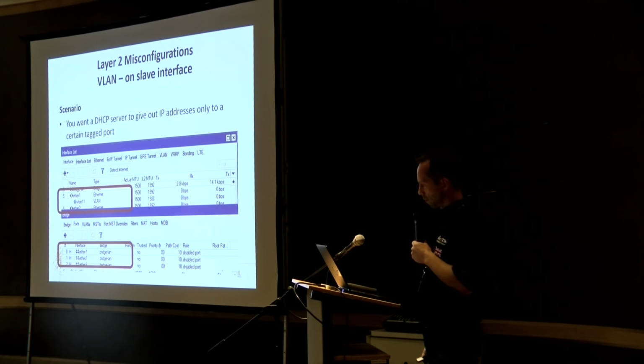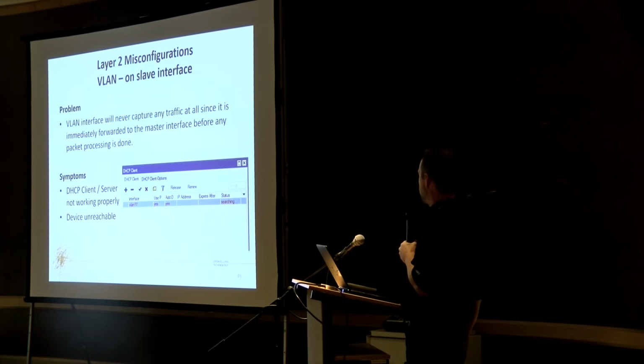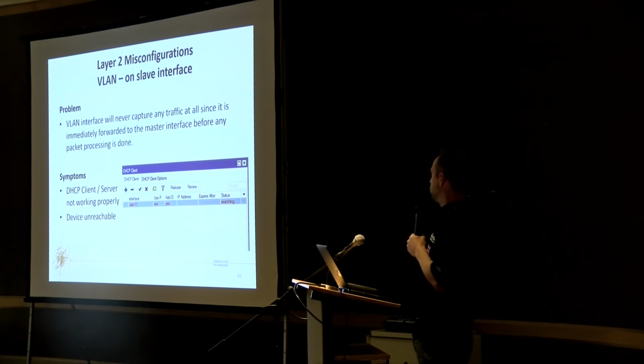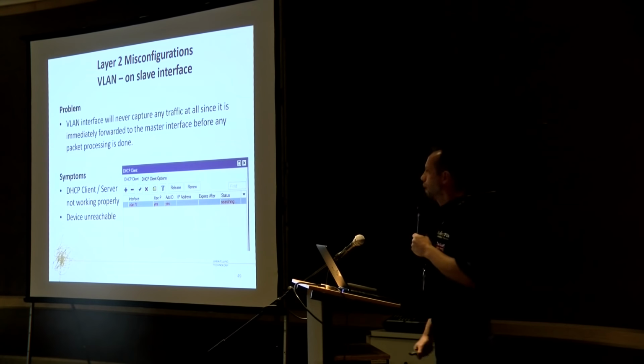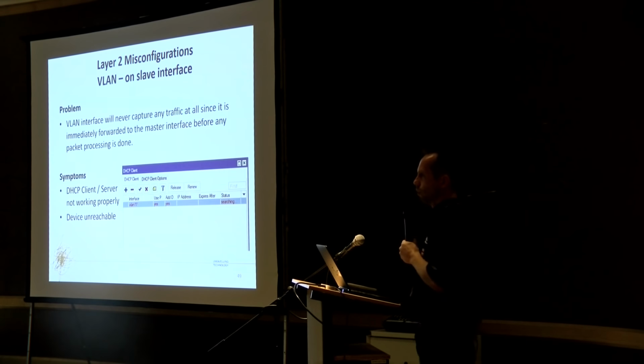And then this is a screenshot of a DHCP client running on Ether 11, but you do the same as a DHCP server. Now, fortunately, the DHCP client in this scenario has actually gone red. They don't always show you that they're not working.